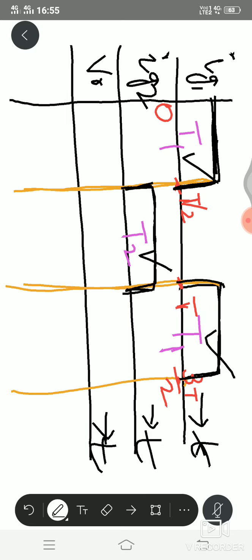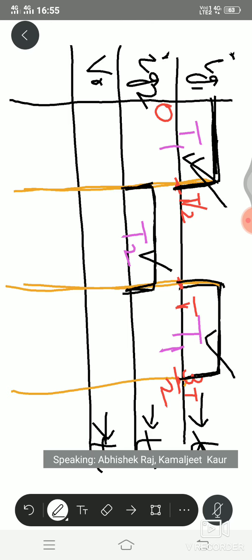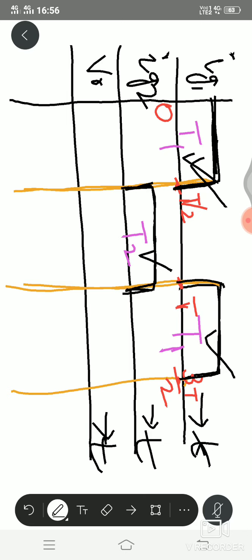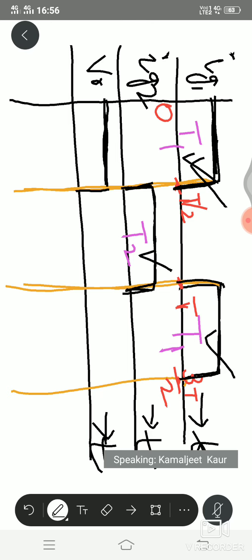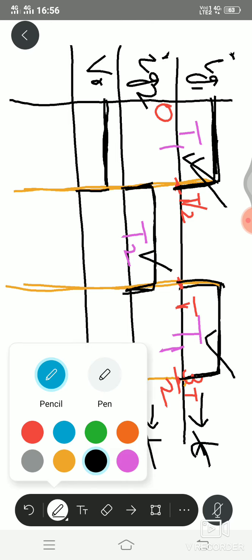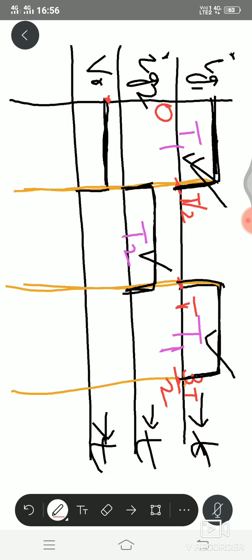So now look at equation number 1. When T1 was fired from 0 to T by 2, equation number 1, what was the value? V naught is equal to, hello, what was the value? Vs by 2, right? So let us assume this point is showing Vs by 2.